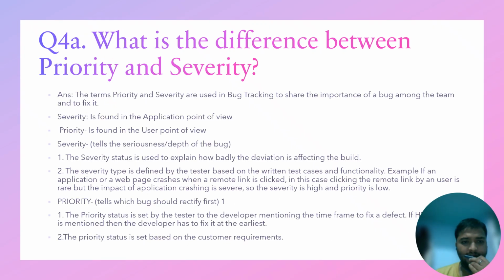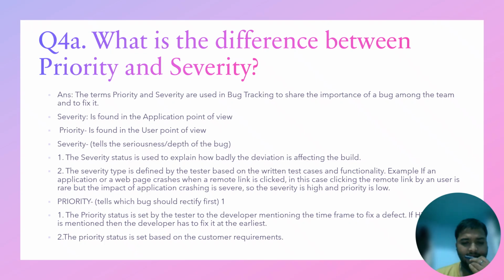What is the difference between priority and severity? The terms priority and severity are used in bug tracking to share the importance of a bug among the team and to fix it. Severity is found from the application point of view. Priority is found from the user point of view.